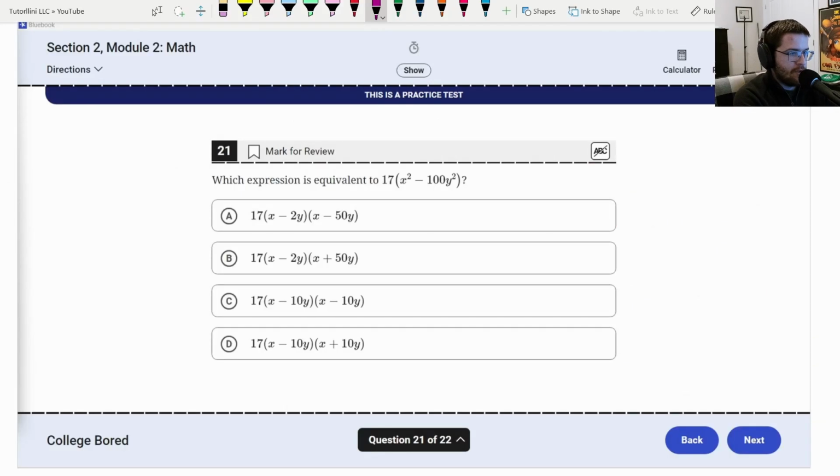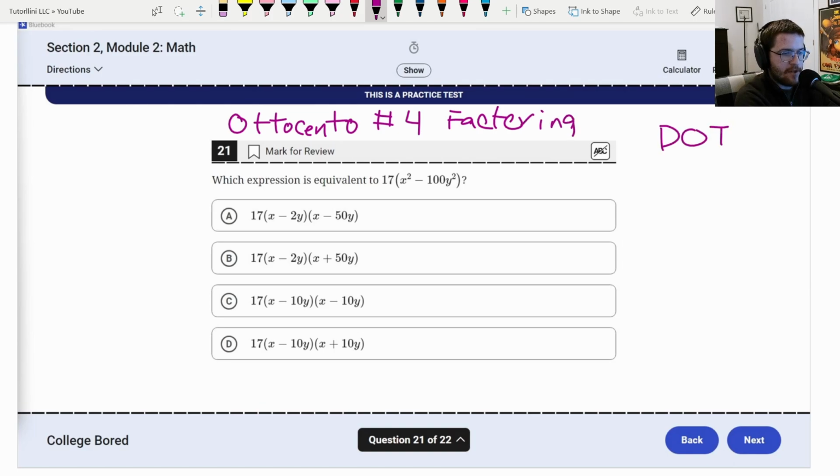Okay, question 21. For this one, I definitely recommend you check out my Ottocento number 4 on factoring. I'm going to assume you've watched that. We're going to be using difference of two squares factoring. The 17 can't really be factored, so I'm going to factor the x squared minus 100y squared.